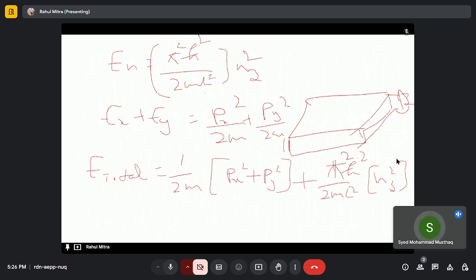And L, what is L? L is the width of the potential well, and if you are talking about electrons which revolve around the nucleus, n is the principal quantum number here, and the basic assumption we took was the infinite depth potential well model.